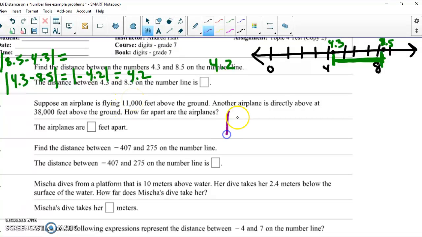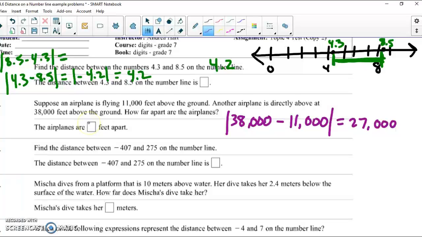So we are just going to do the absolute value of 38,000 minus 11,000, and that's going to give us our answer. So in this case, 38 minus 11 is 27. So the airplanes are 27,000 feet apart.